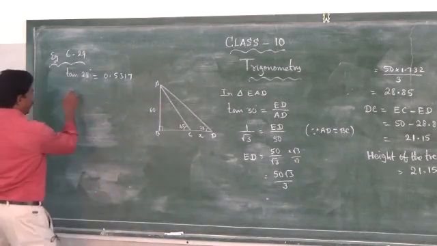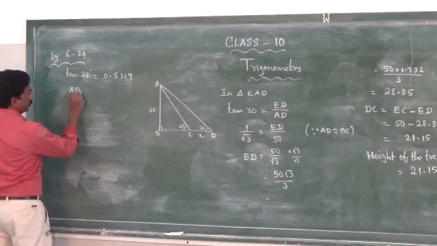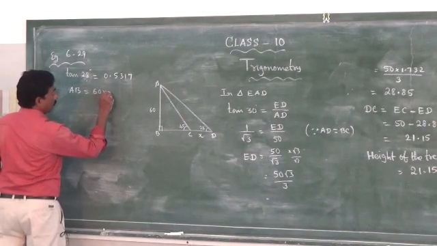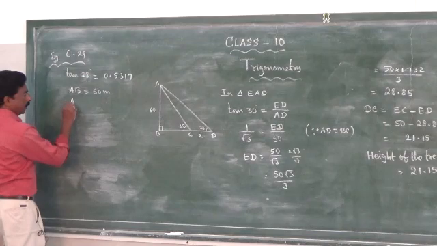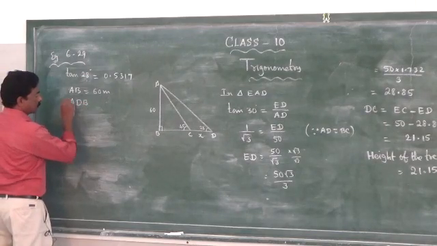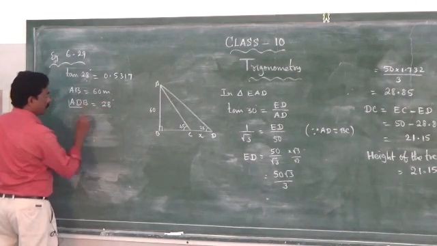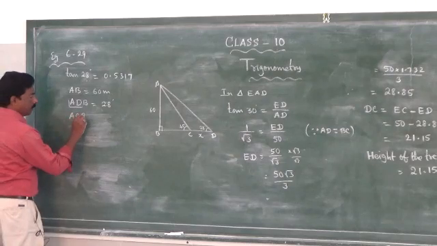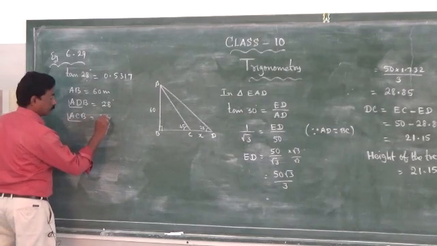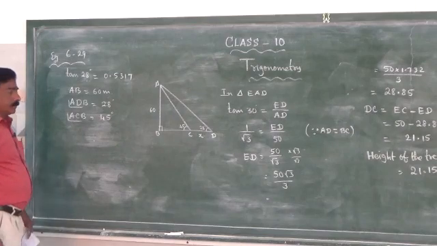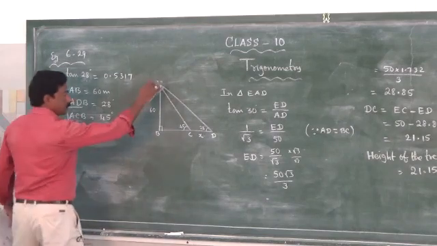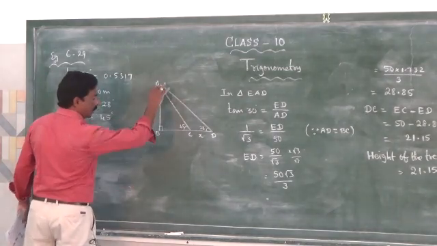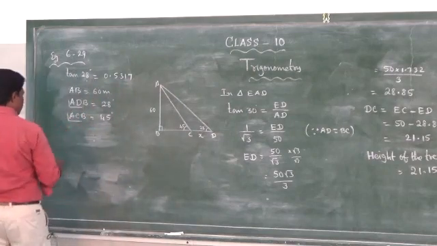So, what is given? AB is a tower, 60 meter. The angles of depression: ADB is 28 degree and ACB is 45 degree. You have to find CD. There are two triangles, ADB and ACB.